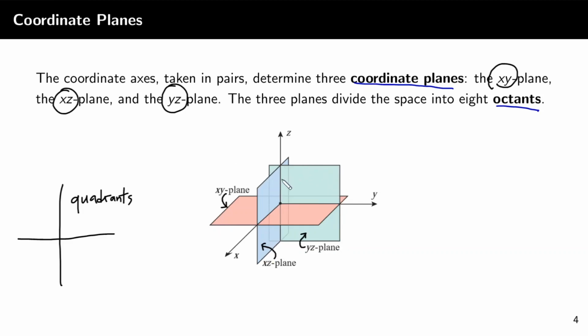So imagine naka-extend itong mga planes natin towards infinity, and you can imagine them dividing the space into 8. So itong part na to, this is 1 octant, ito 2, here 3, 4. So we have 4 octants here sa upper half, and then we have another 4 octants dito sa lower half. And we'll have a total of 8 octants.